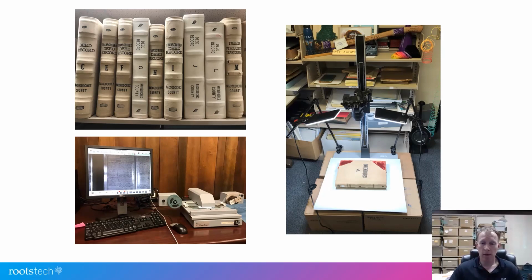And then the other picture is a copy stand. That's where I'm photographing an original record, in this case a probate inventory book from Nacogdoches County. I'm going page by page and pulling out every record that pertains to slavery for that data set. And it's meticulous. I'm not using the index. I found that using the index, you can miss things.